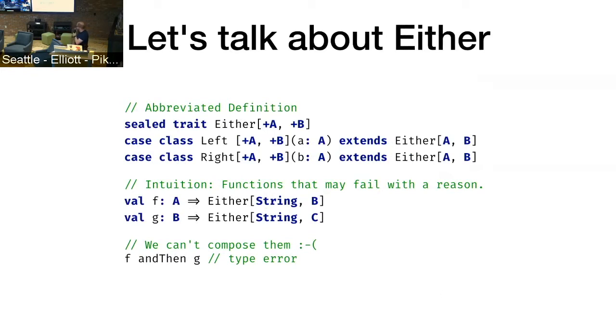So the intuition is if you have a function F: A to Either String B, for instance, and G is B to Either String C, these are functions that can either give you an answer or they can fail and tell you why by giving you some string description. But again, we can't compose them together. And what would it mean to compose these together? It's kind of the same as with composing the Option functions that we saw on the previous slide.